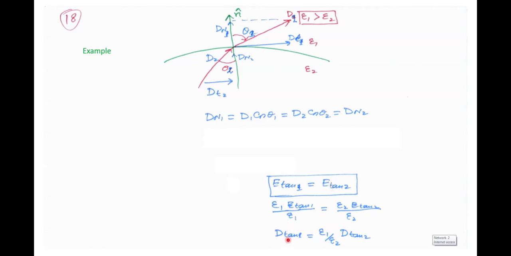So we obtain Dt1 is equal to epsilon 1 divided by epsilon 2 times Dt2. Dt2 means the tangential component of the D field in material 2, and Dt1 the tangential component of the D field in material 1.